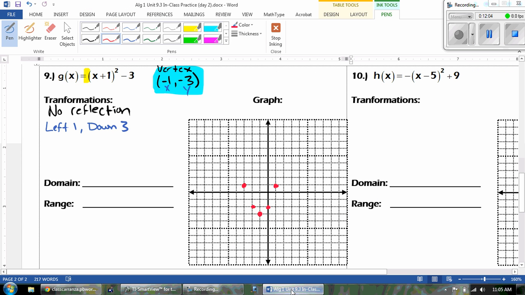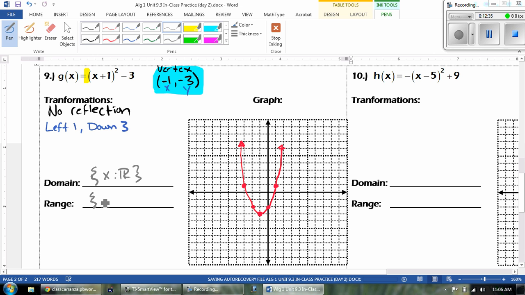And now we're going to draw the line. So here we go, graphing it. All right, so let's talk about the domain. Now, the domain is from left to right. Remember, that's horizontal. And are there any limits to that? No. So if there are no limits, x is all real numbers.